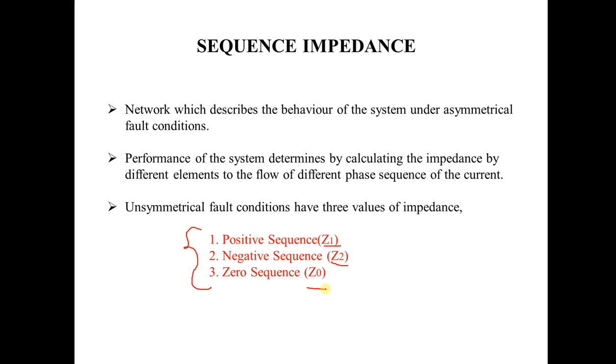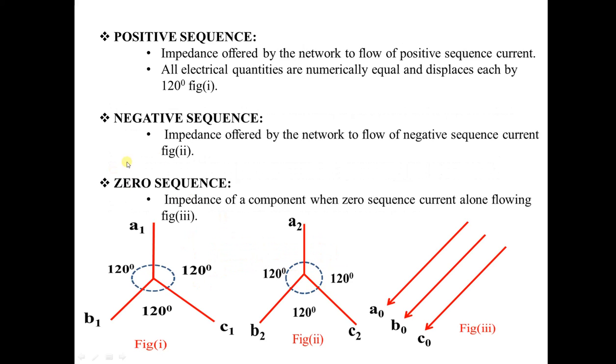The impedance offered by an equipment or circuit to the flow of positive sequence current is called the positive sequence impedance. The positive sequence quantities are numerically equal and displaced from each other by 120 degrees. Similarly for negative sequence, the flow of negative sequence current is represented by A2, B2, C2.